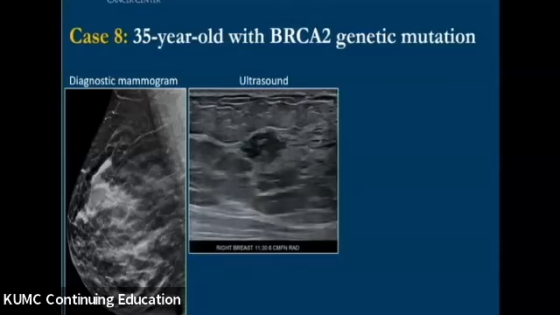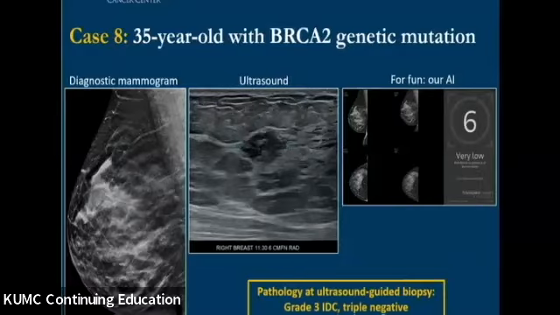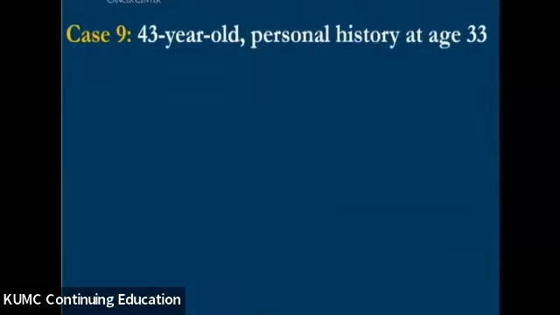Fortunately, we could see it by ultrasound. We do use AI for cancer detection, and I thought this was a nice example of how even AI could not pick it up. Anything at 7 and below on our AI system means there are no findings that it's going to tell us about. But this went on to biopsy and was a grade 3 triple negative invasive ductal carcinoma.